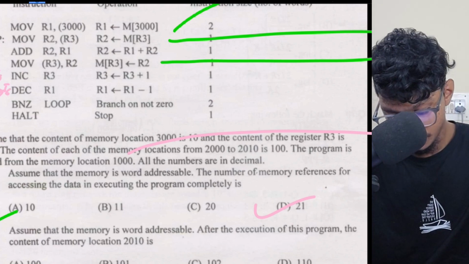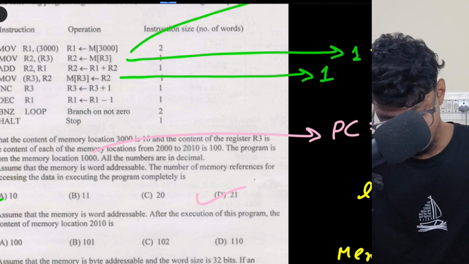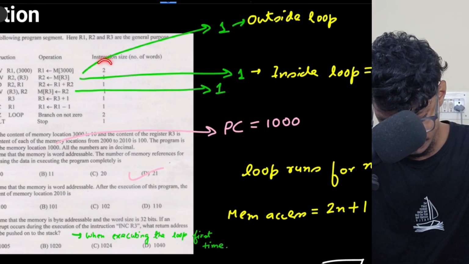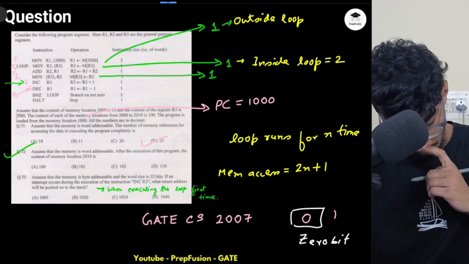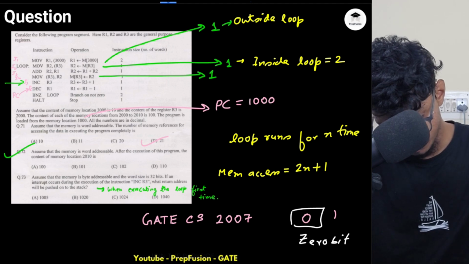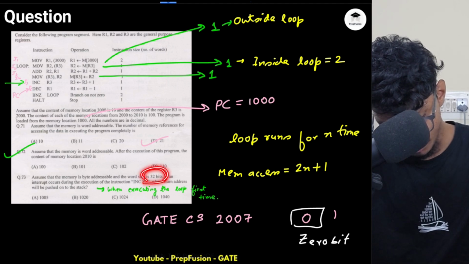They are telling me it is byte addressable, and they have also given the instruction size in words. So I can compute the bytes out of this. A word size is 32 bits. How many bytes is this?